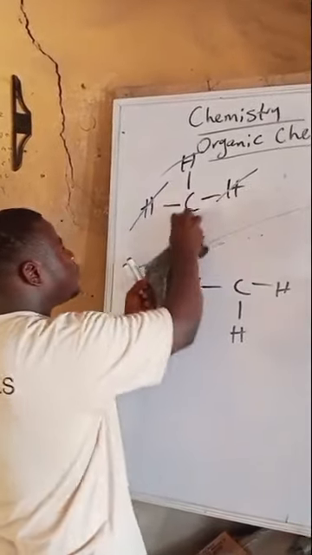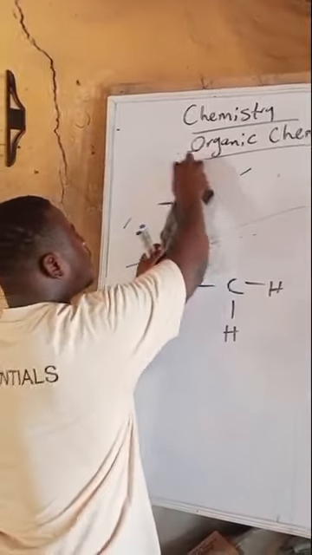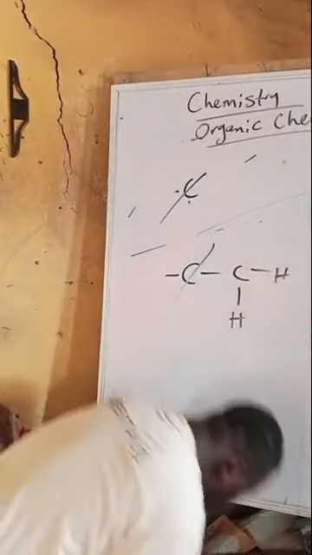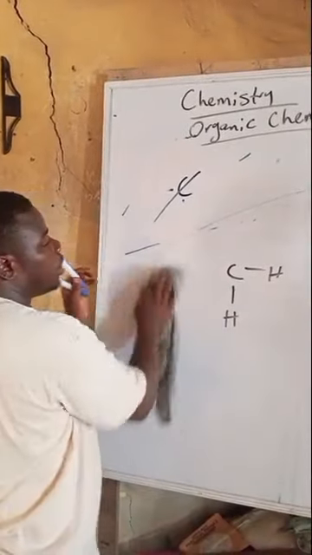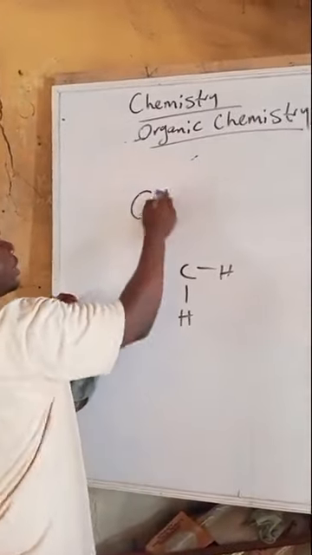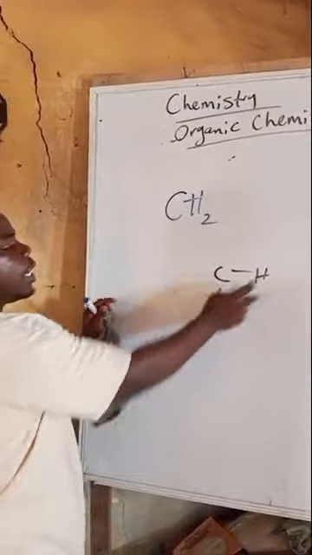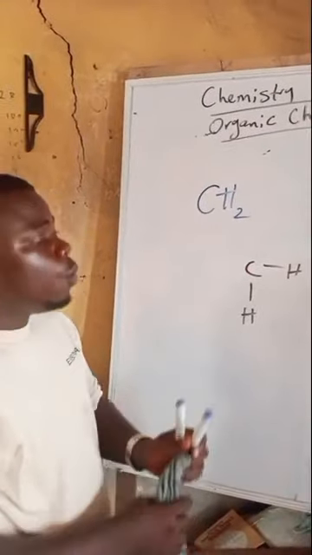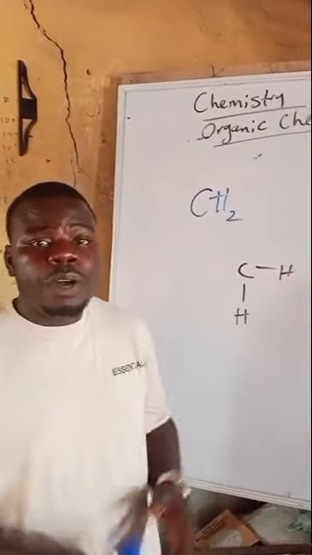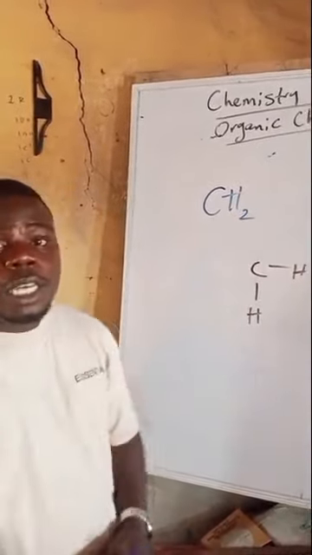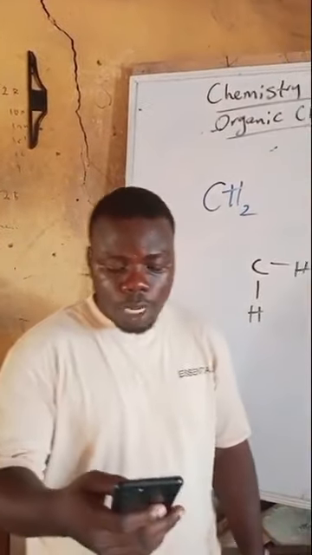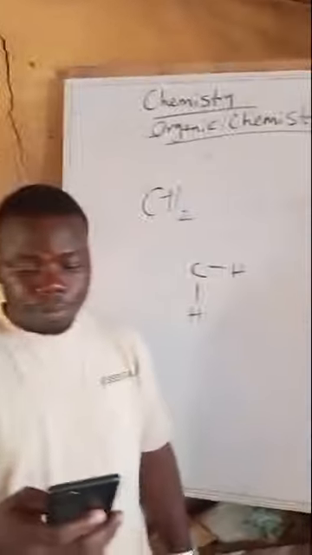What is left here is C. If we subtract C from this, what is left is just CH2, C and two hydrogens. What this means in a homologous series is that successive members differ from each other by CH2.